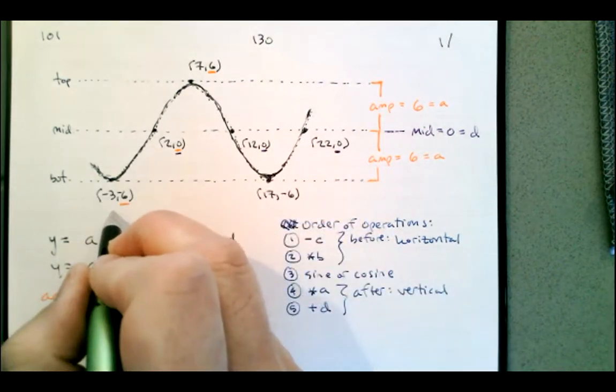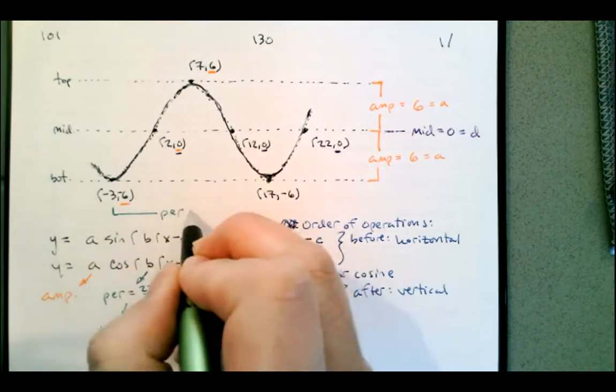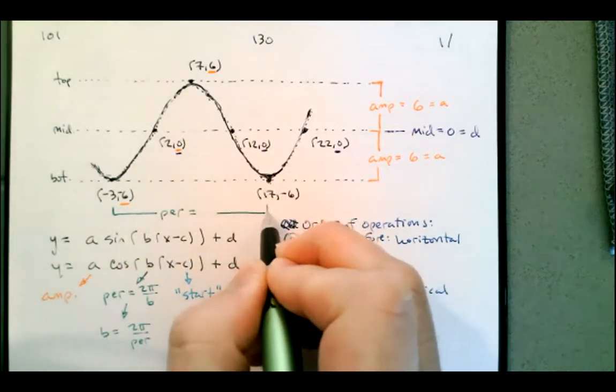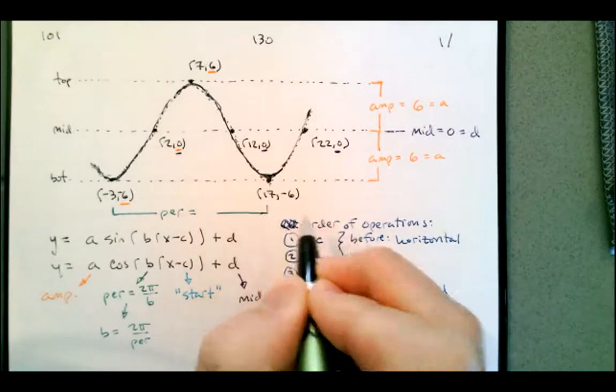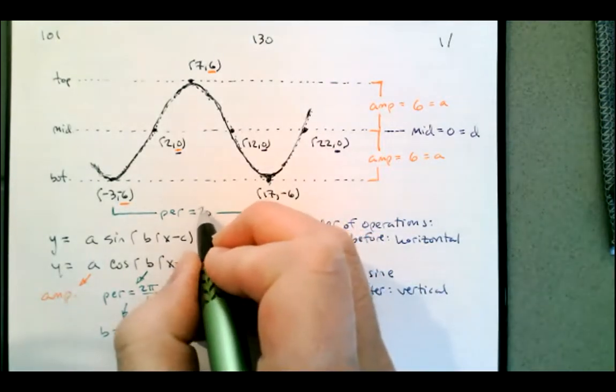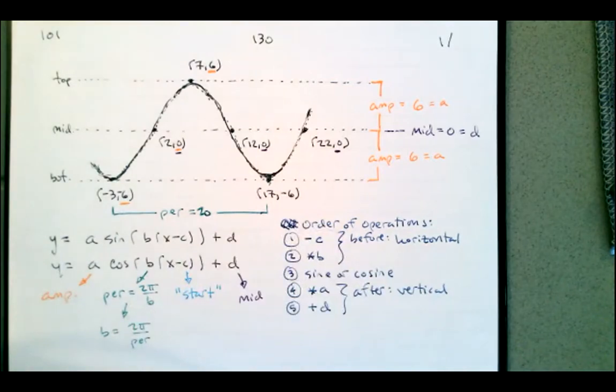So that's going to be 1 period. In this case, the distance from the bottom point to another bottom point is going to be from -3 to 17. That's a distance of 20. So we can identify the period is 20.